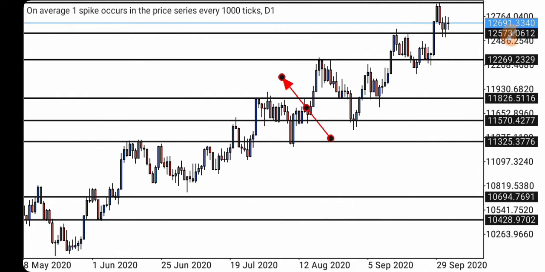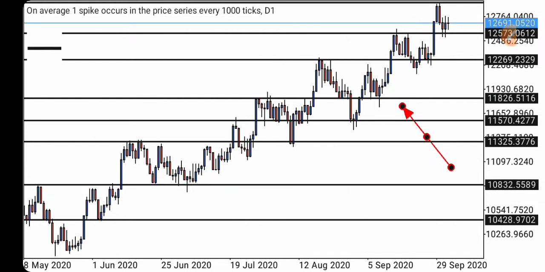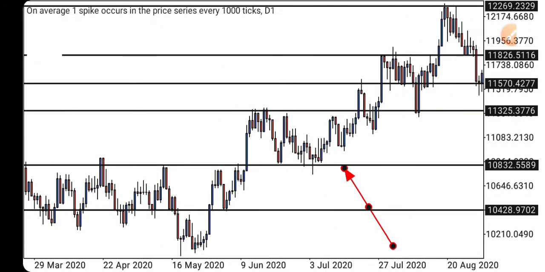What we are doing next is we move down after identifying those key levels on the daily time frame. Try not to map all levels as your key levels. You don't pick all the zones you see as your key support and resistance levels.